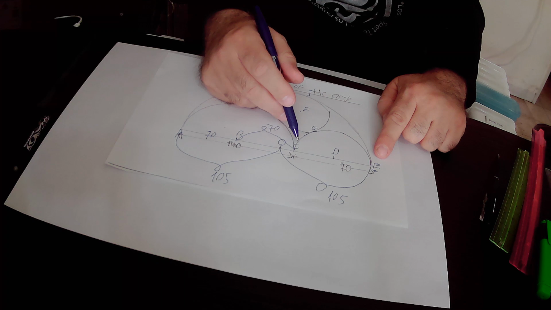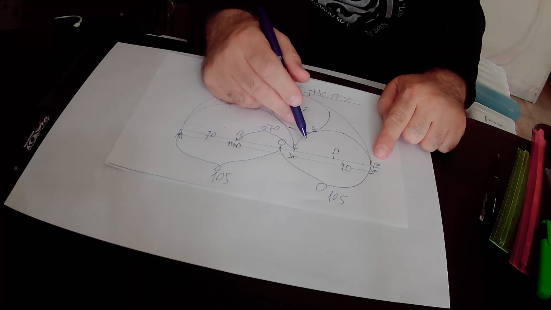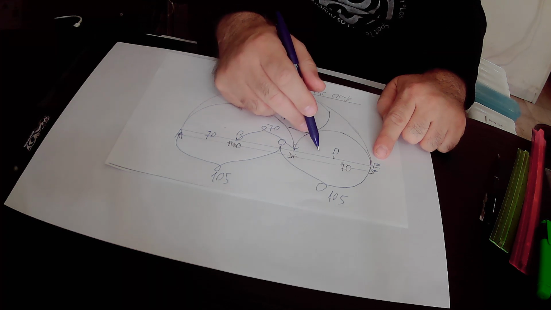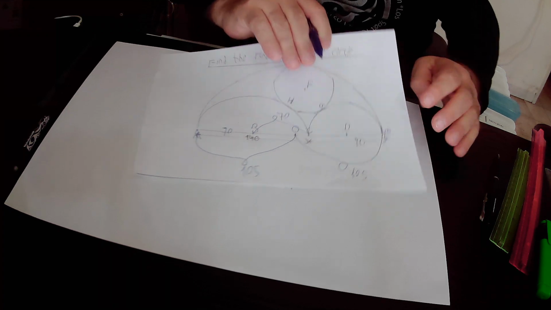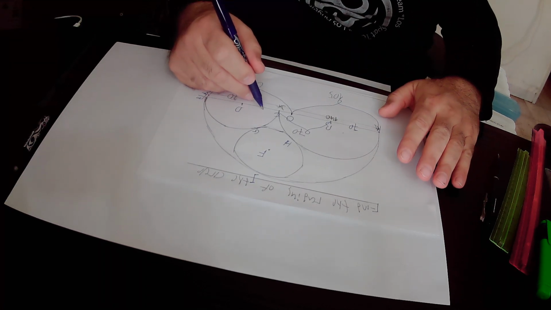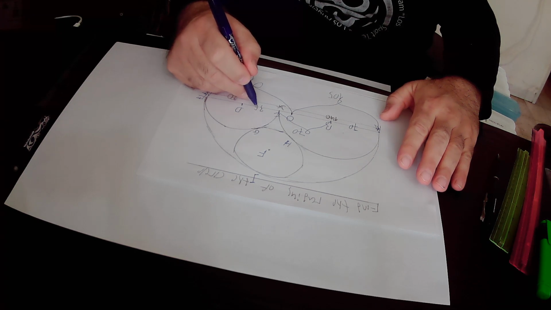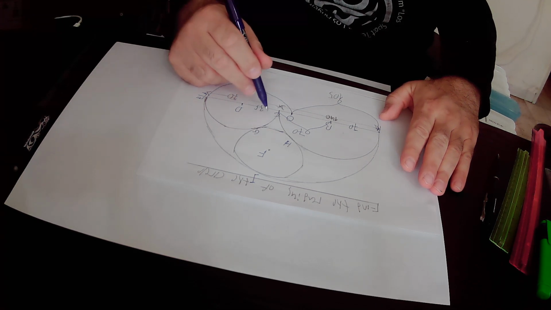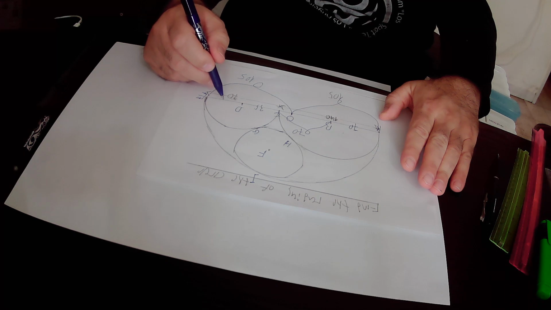That is to say, the radius of this smallest semicircle equals to 70 over 2, that is 35 units. That is to say, the radius CD equals to 35 units, and the radius DE of the smallest semicircle is also equal to 35 units.